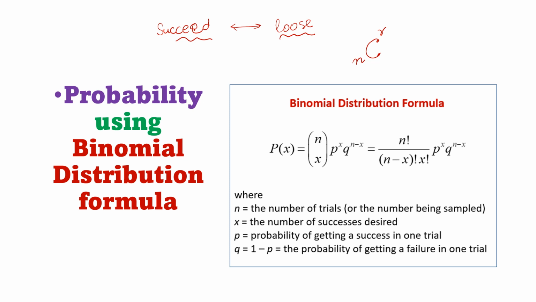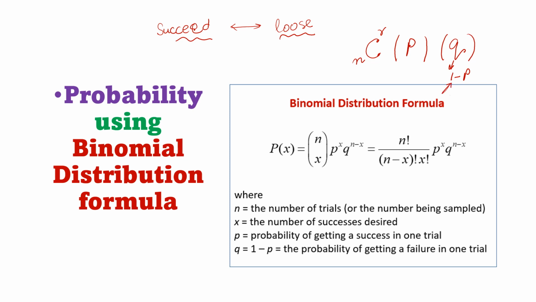We already studied this formula before, times the probability of succeeding in some match. Let's suppose the success is denoted by P, times the probability of losing something. Losing something is denoted by Q, and the formula for getting Q is 1 minus P.